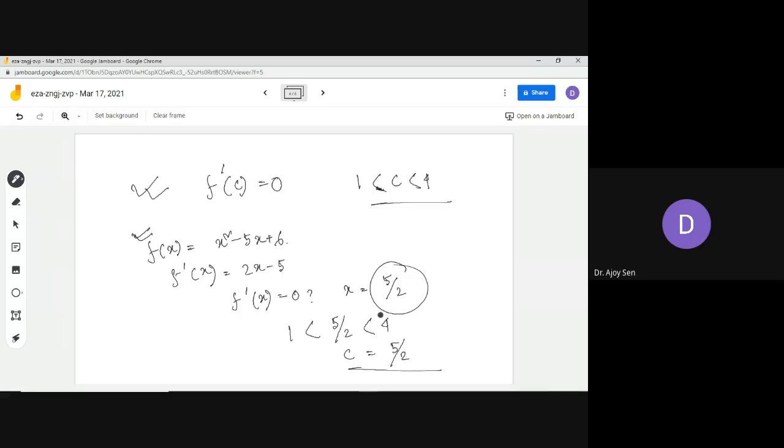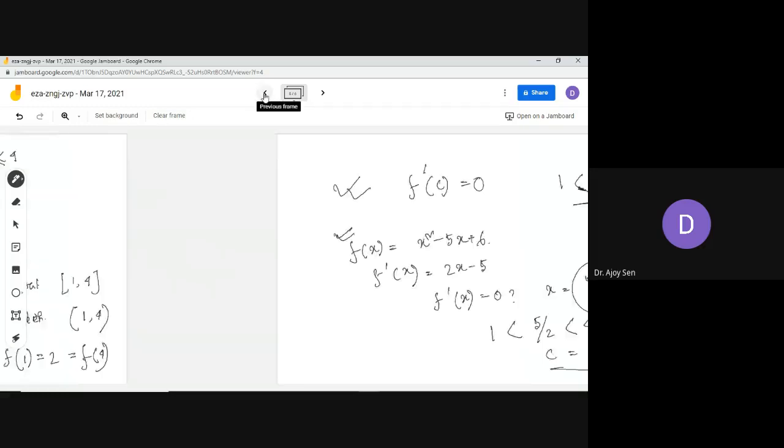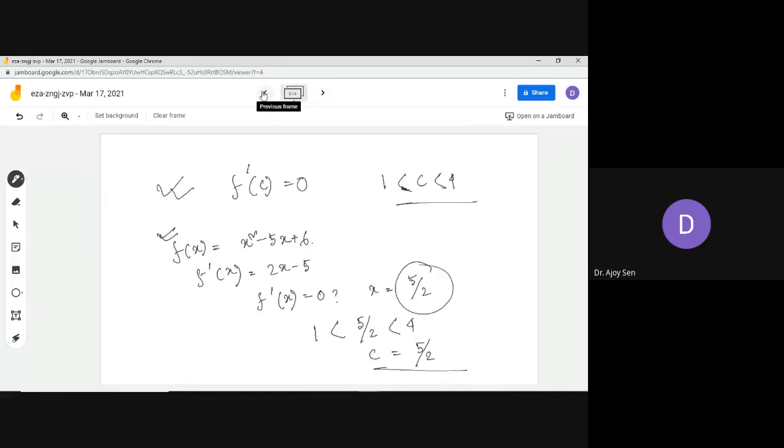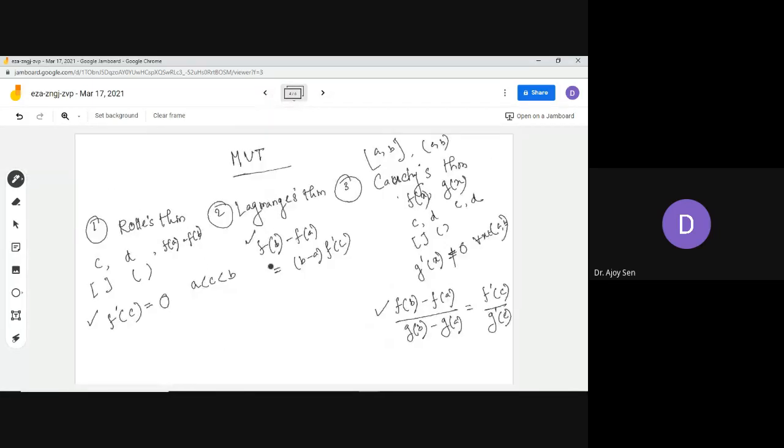You just assure the continuity and the differentiability of the function, and Lagrange's theorem will tell you. But the third condition is not required in Lagrange's case. And the conclusion of Lagrange's theorem is a bit different. It says that f of b minus f of a is equal to b minus a into f dash c.